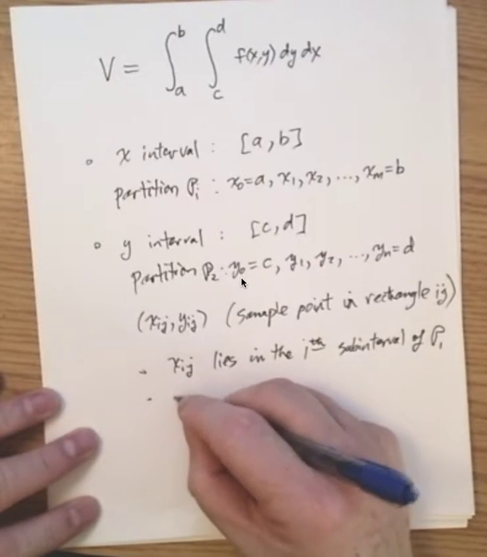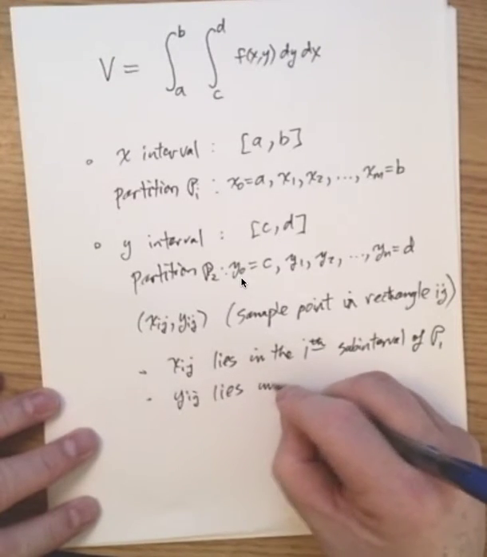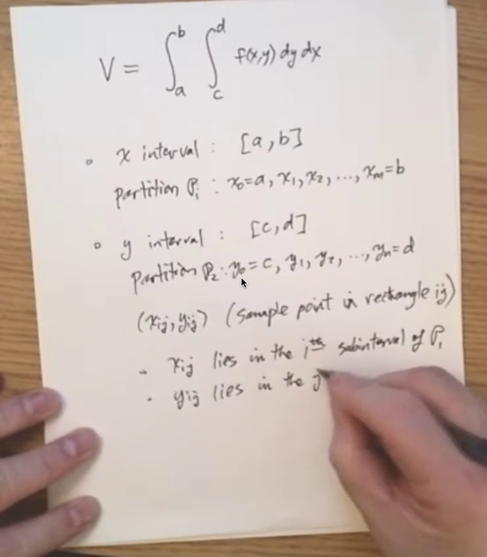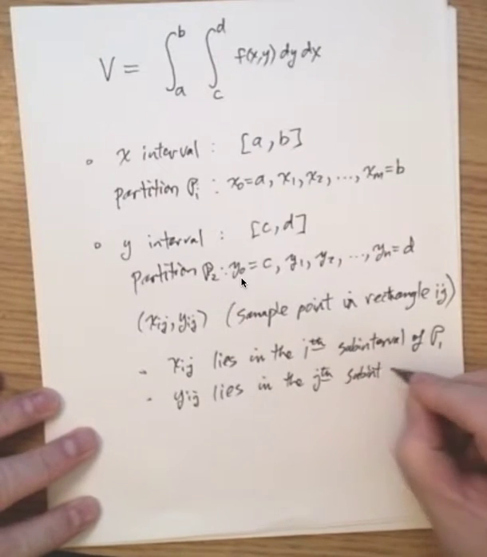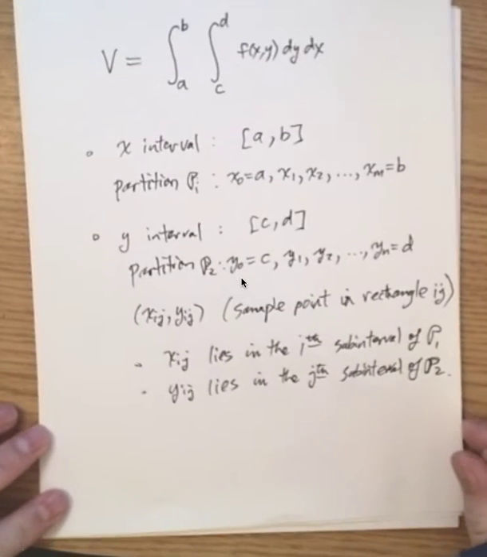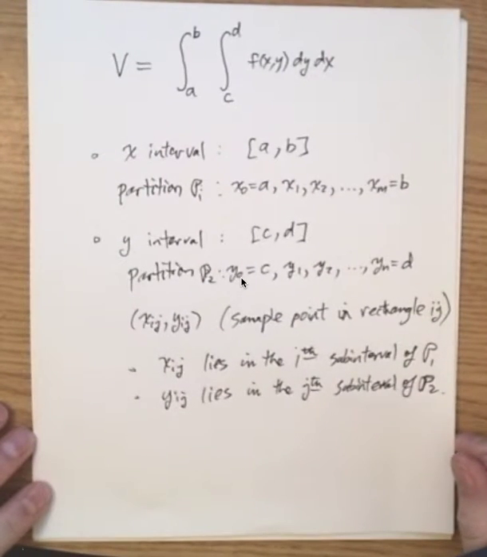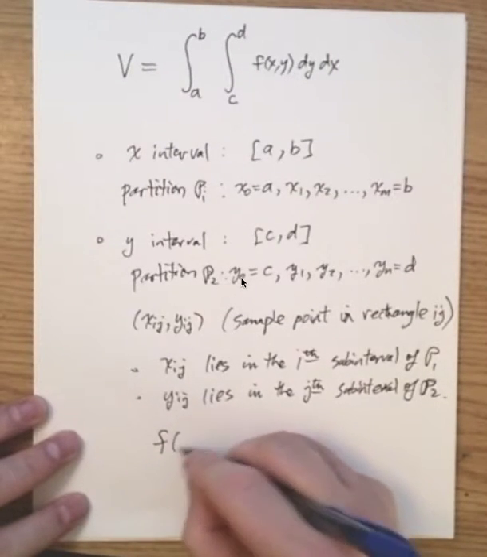And we've also got this condition, that y sub ij lies in the jth subinterval, P sub 2. Now, you're evaluating the function at that sample point.